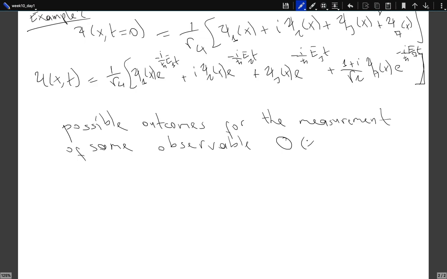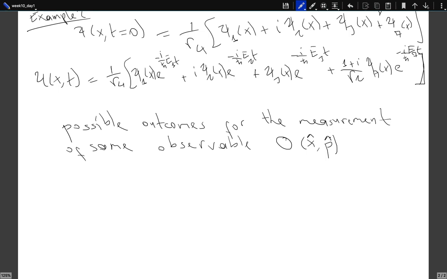Let's say O, in general it will be a function of x and p. Here O can be anything. For example, it can be p squared over 2m plus the potential, or p squared over 2m, the kinetic energy, or r cross p, the angular momentum. O just stands for anything.